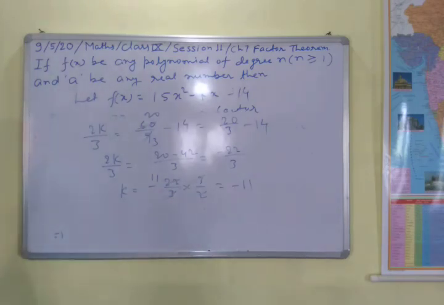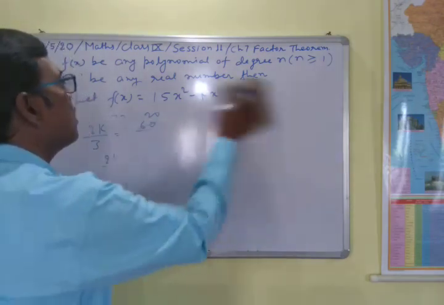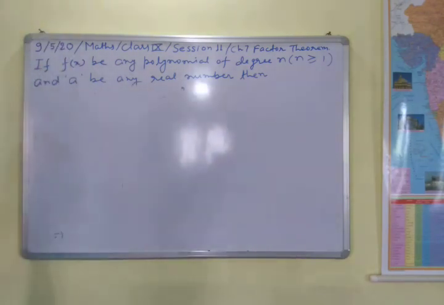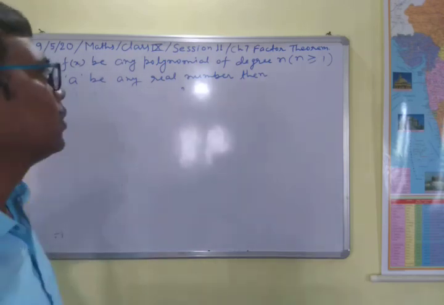So in this way we can solve many questions of this topic, that is the factor theorem. I hope you understood this solution. So this is all about the factor theorem.